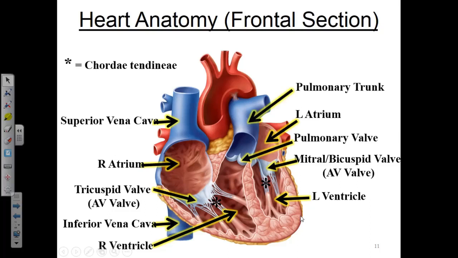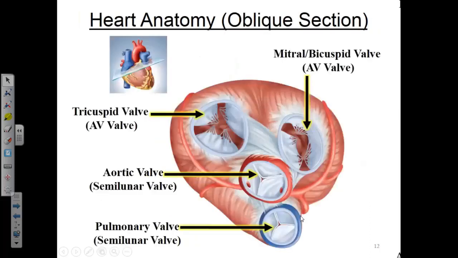The pulmonary valve we can see, and the aortic valve we can't see very well. And this is just saying that the pulmonary trunk is part of that pulmonary artery taking blood away from the heart into the lungs. Okay, and there's our aorta. Okay, so some of the major blood vessels and valves involved.